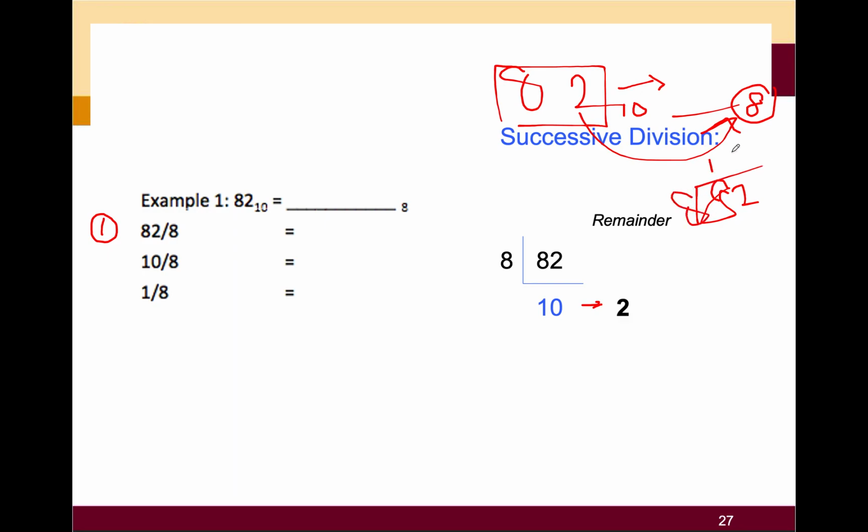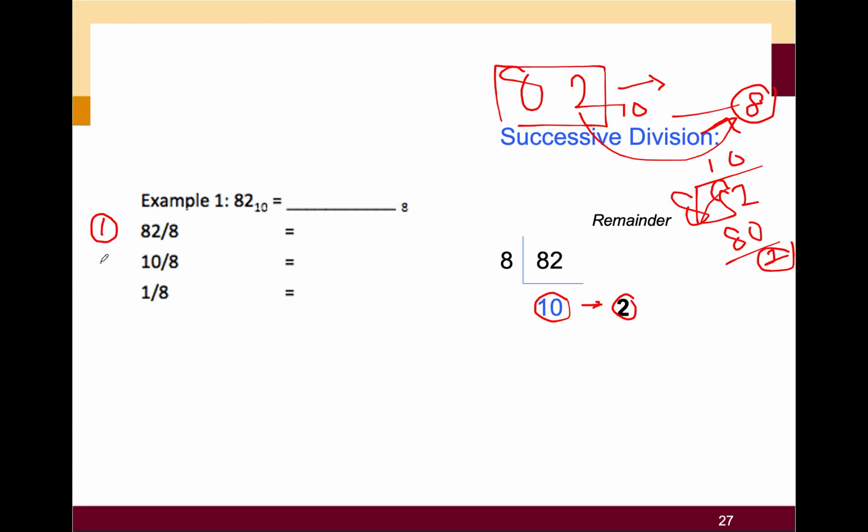You will get 10, and you will have a remainder of 2 over here. So you need to state the remainder and also the value you get when you divide 82 by 8.